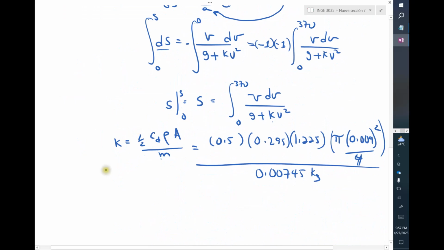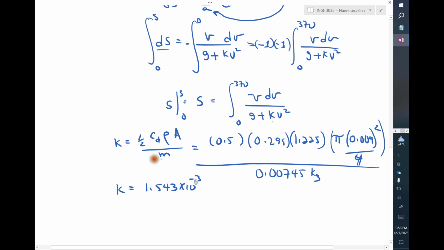So with that, k is about, put a calculator here. What? 1.543. Interesting. 1.543 times 10 to the minus 3.